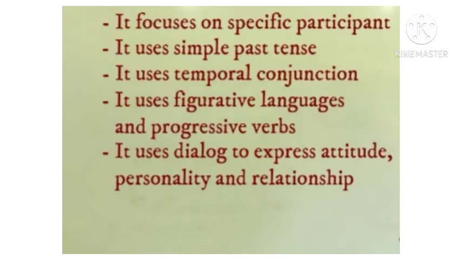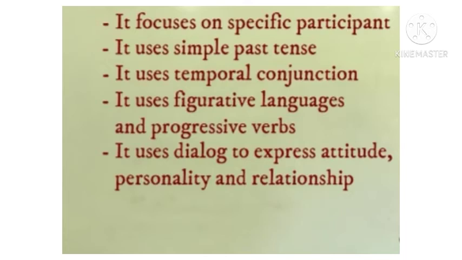The first one is this text focuses on a single participant or one specific participant, not in general. The second one is it uses simple past tense. In this case, you're going to have to recall back to the very beginning that narrative text also tells about past experiences. That's why we have to use simple past tense.